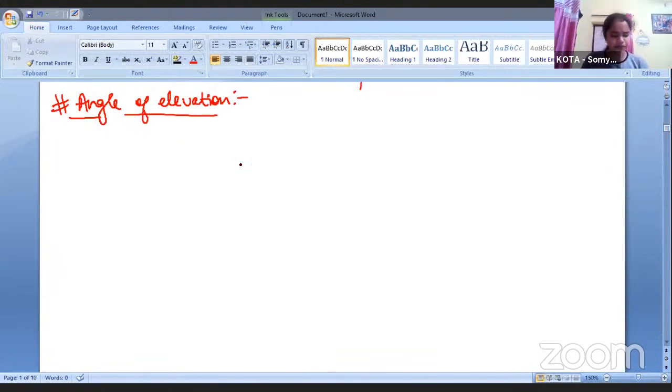Just see simply that here is a road. Okay, here is a road, and here a person is standing. This person's name is Krishna. He's standing here, and there is a tower here.